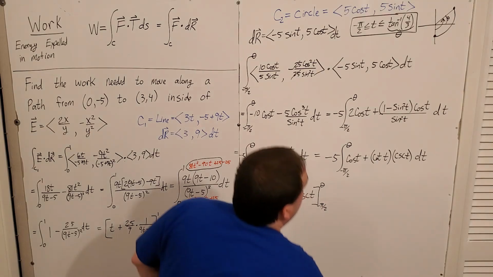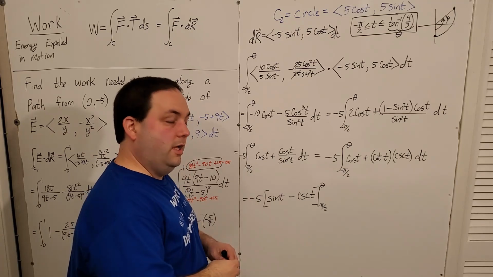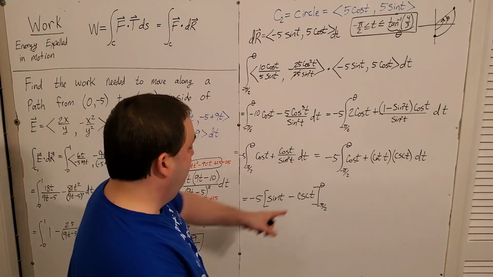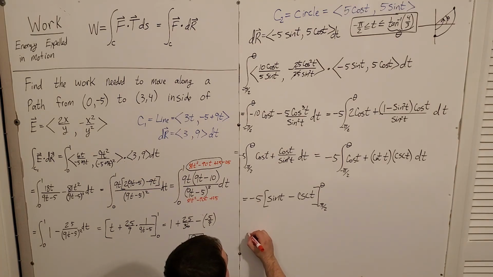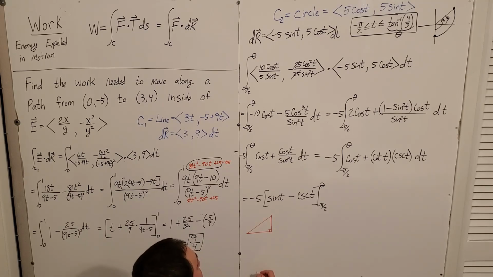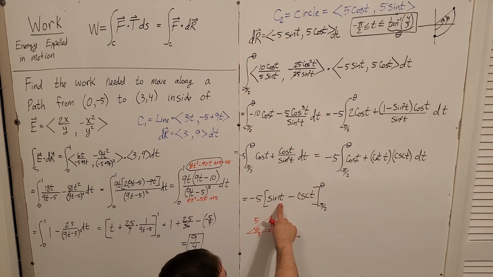Okay? To make that a little bit easier for the plugging in part, let's draw a triangle for that value of theta there, right? Technically, it should be on the x-axis like this, right? Such that the 3 is on this side, the 4 is on this side, and this is our angle. Of course, that makes the hypotenuse 5, right? So if I plug this theta into sine t, I'm going to get 4/5, which of course then makes the cosecant 5/4.